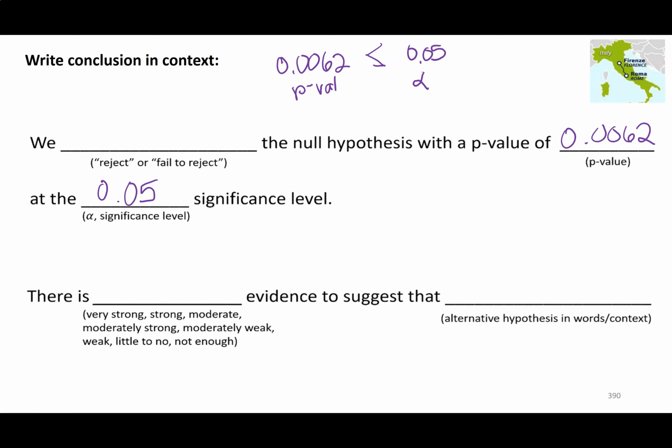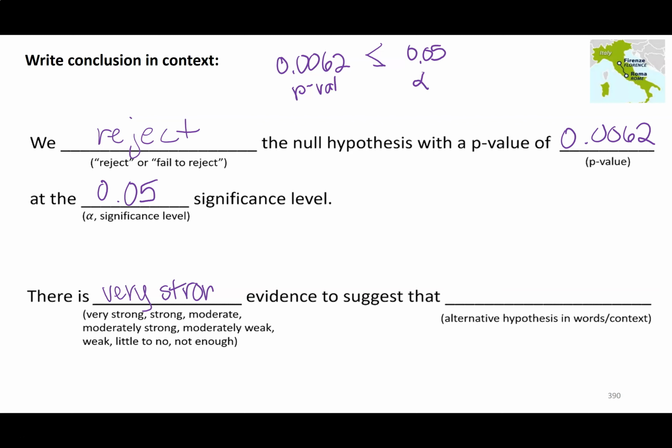And I don't know about y'all, that's enough for me to go, maybe the null isn't true. So we're going to reject, because that's a small p-value. Small p-values, we reject the null. So you can look back at that spectrum, that green, yellow, red one. This is very strong evidence.